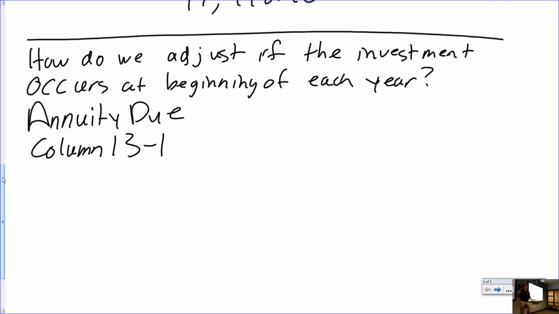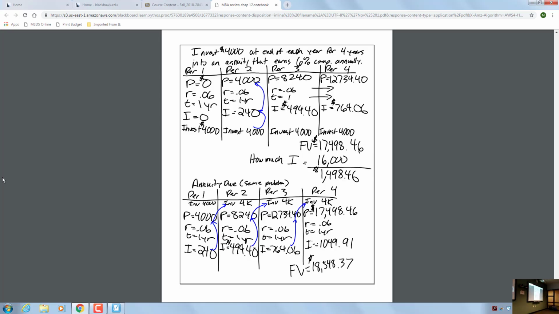It's still going to be using column 13-1, folks. We just have to do a slight shift, okay? So when you look back at our solution, when we did this thing exactly, if you compare what you did when you invest at the end versus invest at the beginning, what's the difference between the two of these solutions?